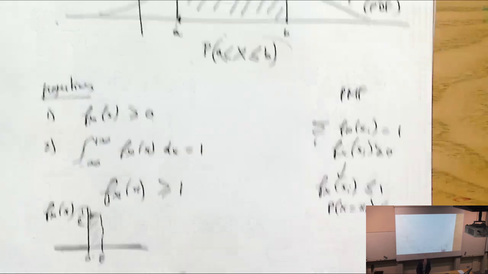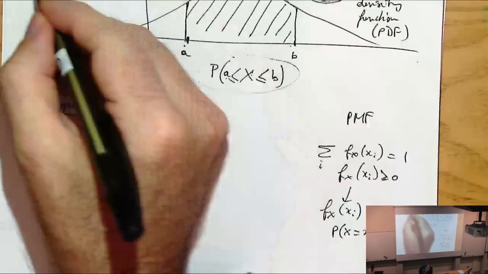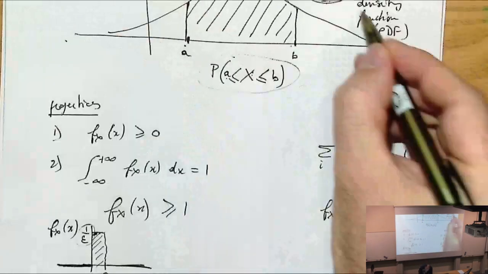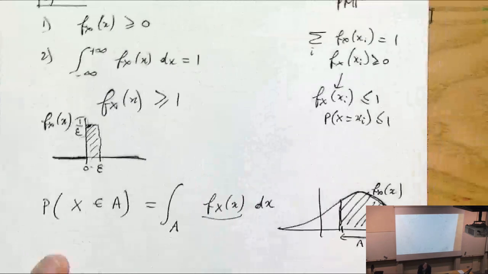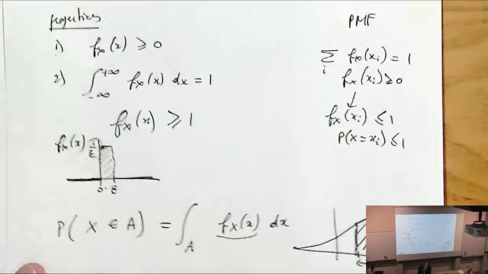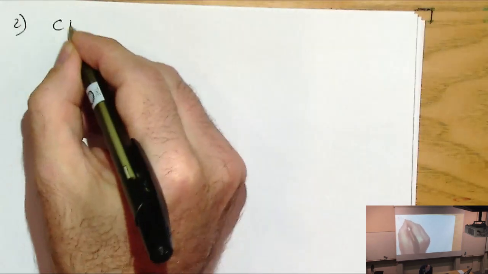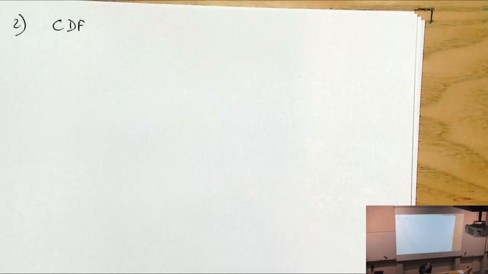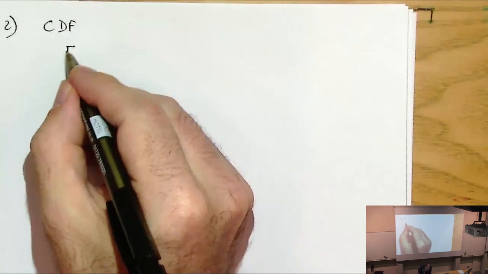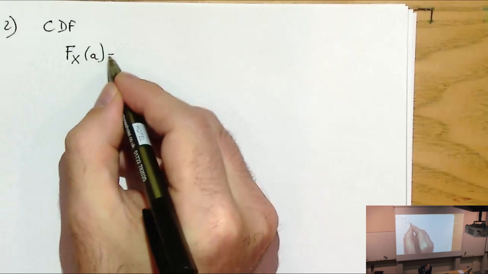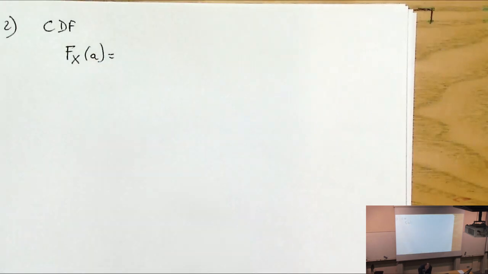Good. So this is about the probability density function. With the probability mass function and the discrete random variable, we looked at the case of the CDF, the cumulative distribution function. Here it is the same idea. If I'm looking at a continuous random variable evaluated at a certain point A, what is this?